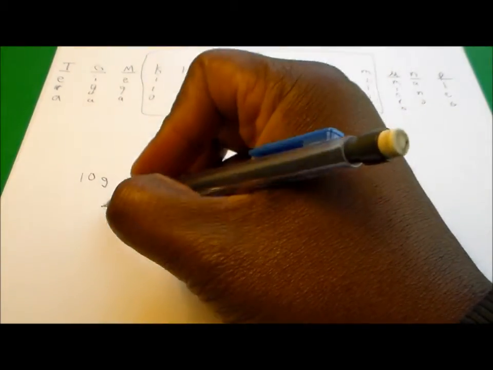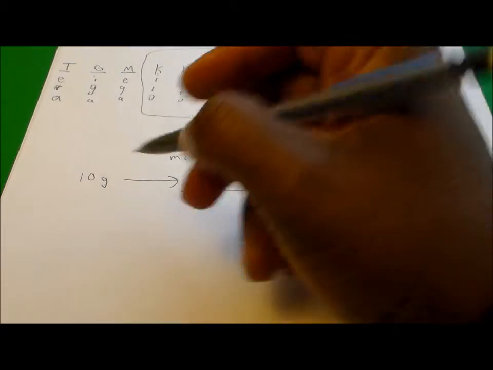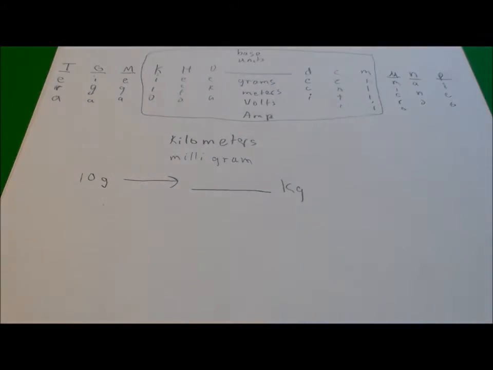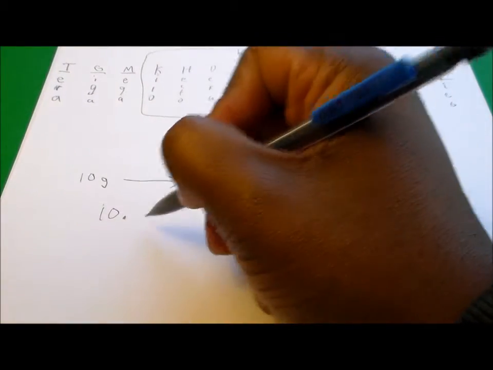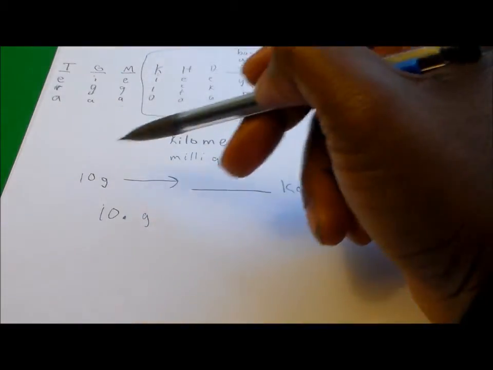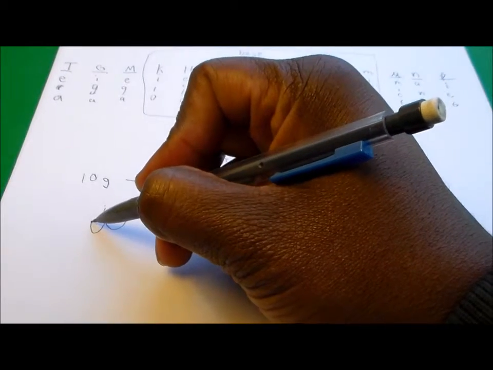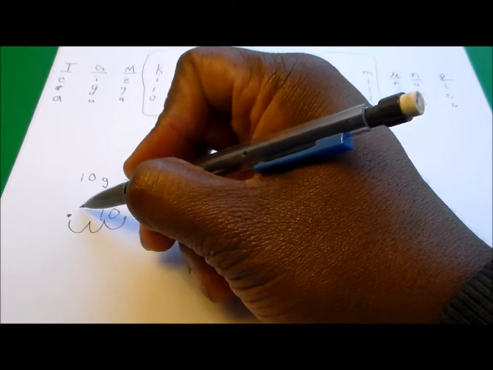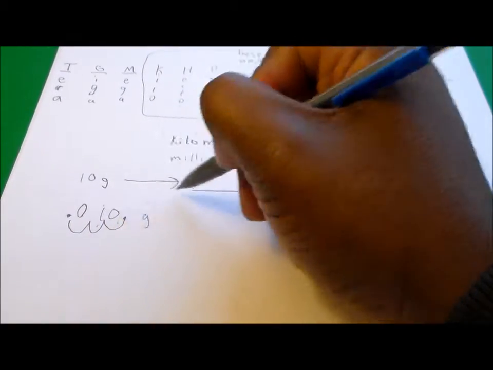Because we're moving towards our left and we have to move 3 times, for our grams to kilograms conversion, we want to move the decimal point in the same direction, the same number of hops. So we have 10 with the decimal point here, and remember this is grams. We're moving 3 times to the left. So we move 1, 2, 3. This is the new location of the decimal point, and we fill in a 0 here because there isn't a 0 here, there's a 1 here, there's a 0.